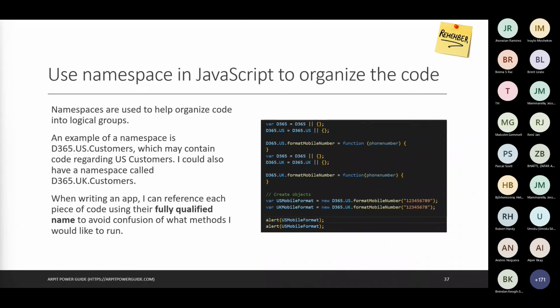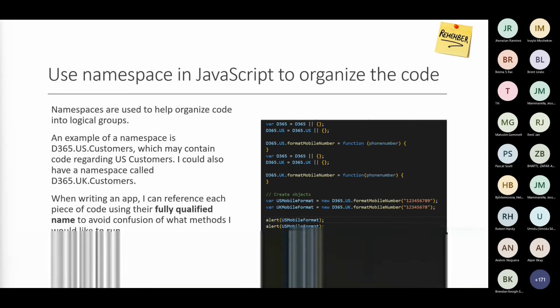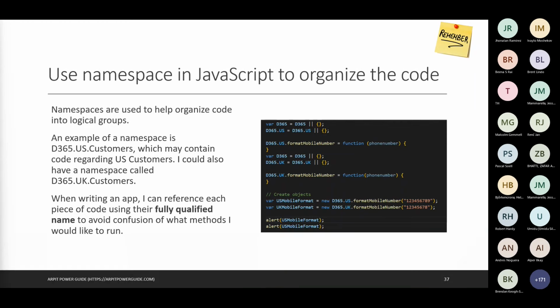Sometimes a single model-driven app can be used for multiple business units, so you can have the same common code available. For example, you have the same functions that you want to use for the US client and for the UK client. If you want to specifically call a particular function, you can use namespaces. I can simply reference each piece of code using the fully qualified name.